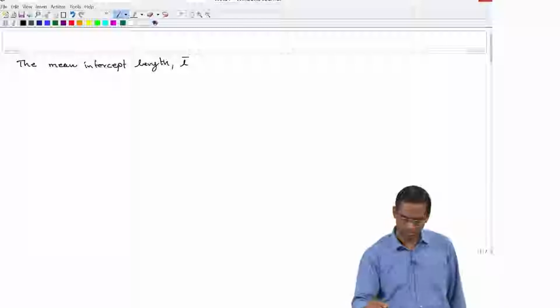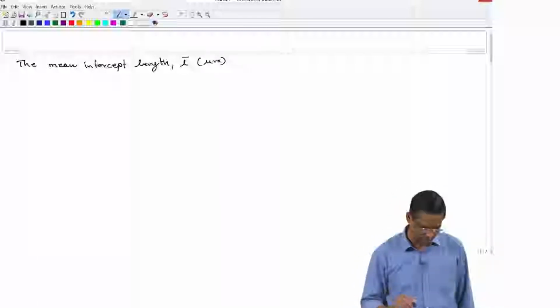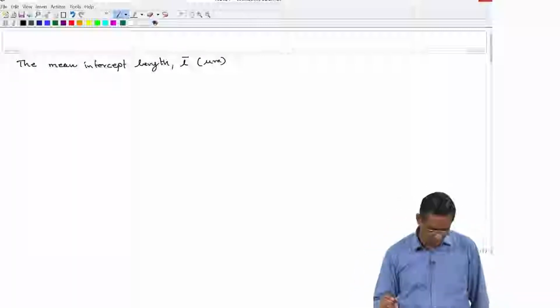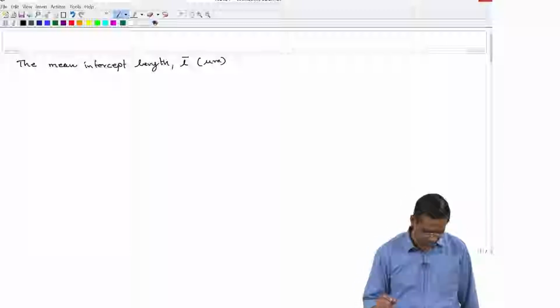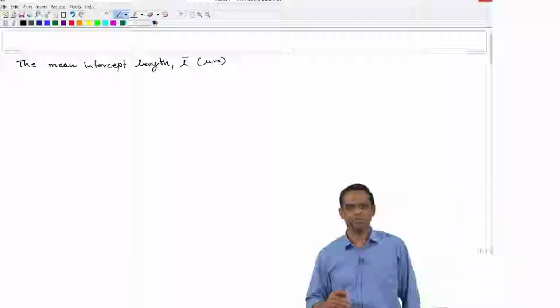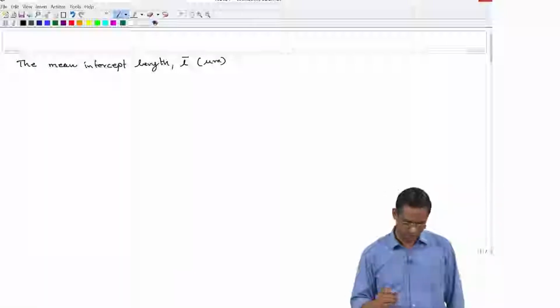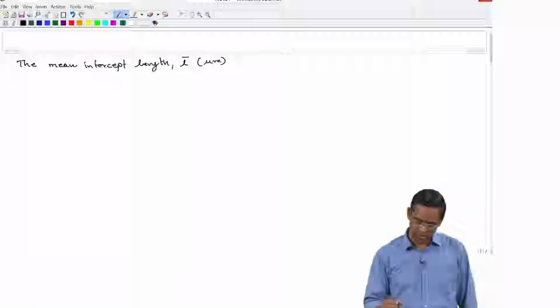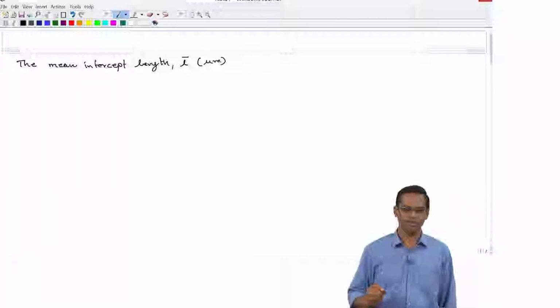So, let us write mean intercept length, L bar, in micrometer. If you recall, we did this for the graphite nodules yesterday. Today we will try to measure this on these completely space filling grains.